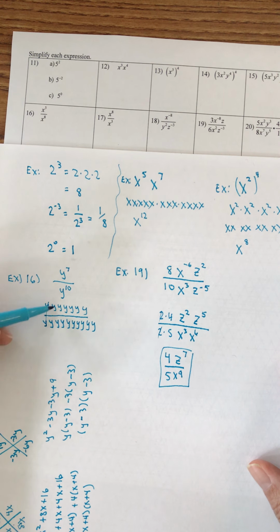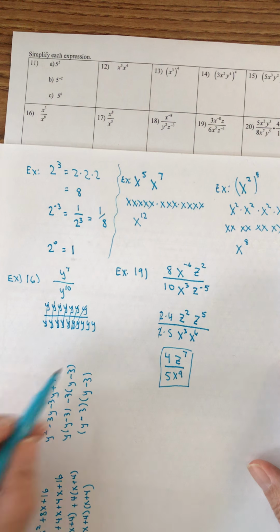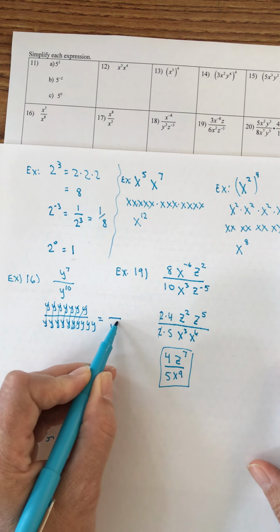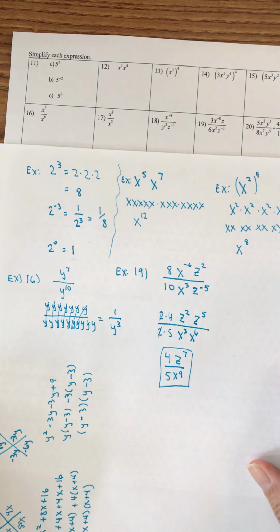And if you crossed out all 7 from the top and the bottom, then there would be 3 factors of y left, and they are on the bottom. There is nothing left on the top.